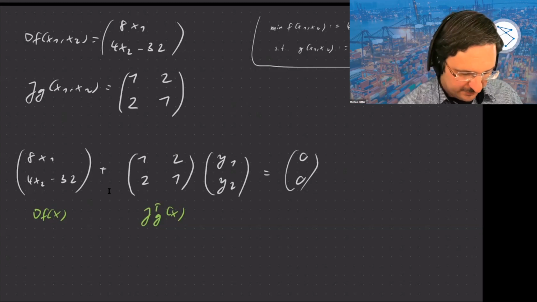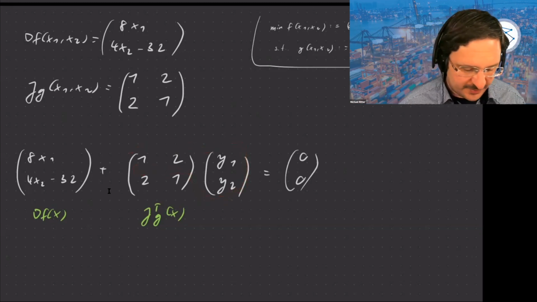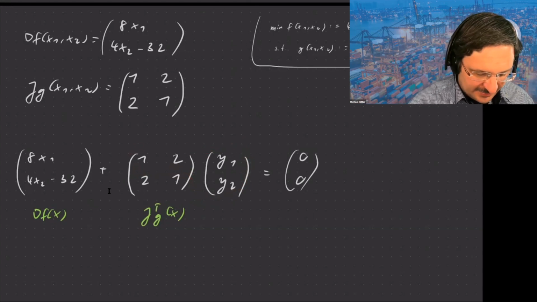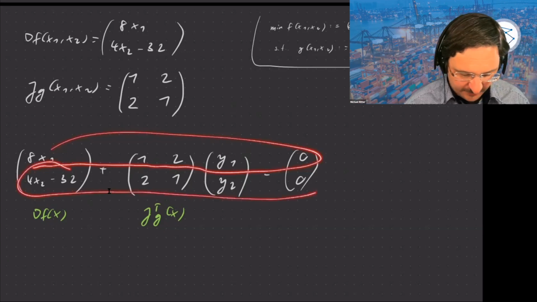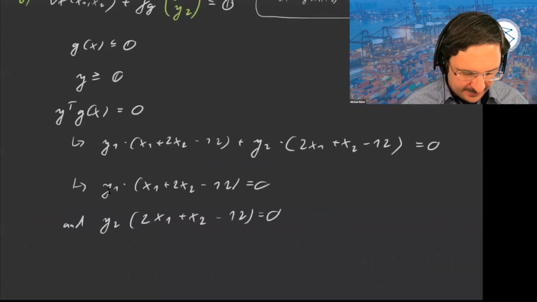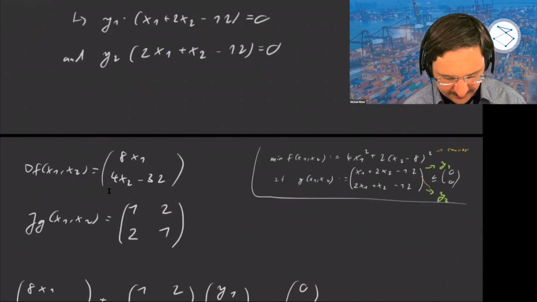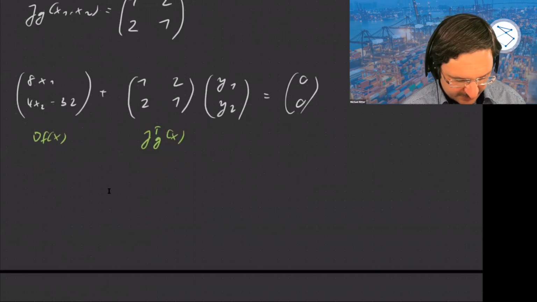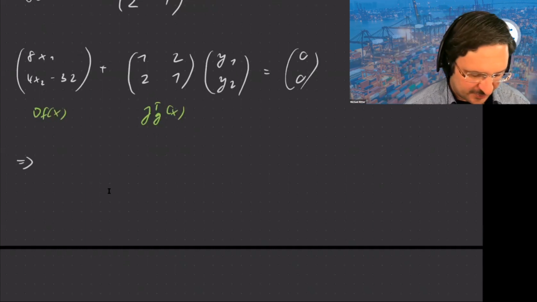Okay, so if we compute that multiplication, the product here, what we get in the end is one equation per line. So 2 equations in those 3 variables. And then we have these feasibility constraints here. If we write those down, maybe let's write that down in the form of 2 actual equations here.